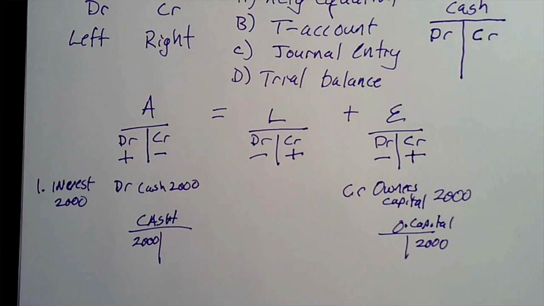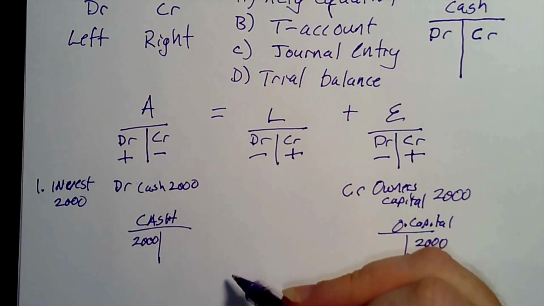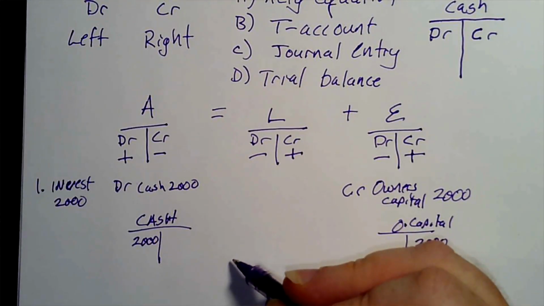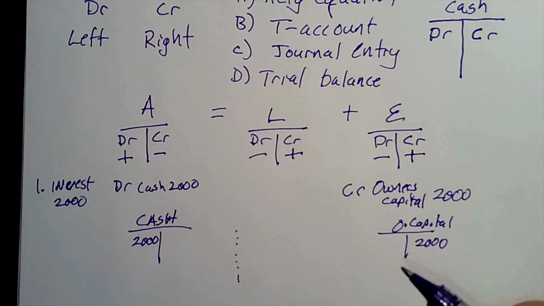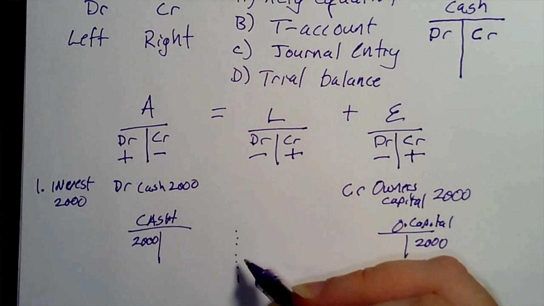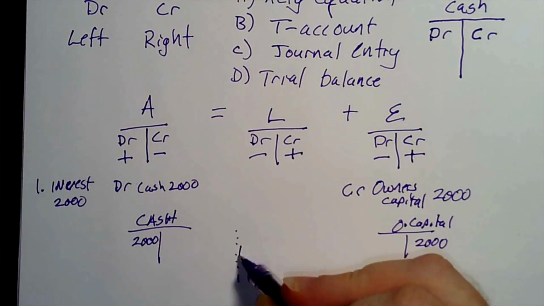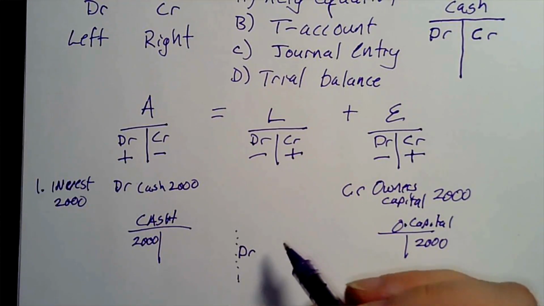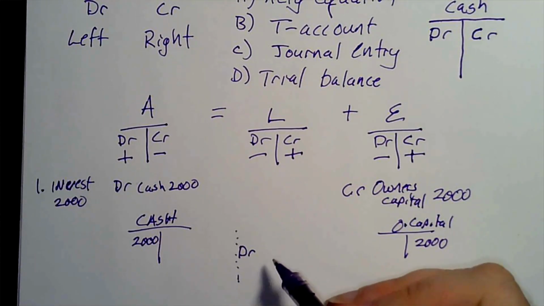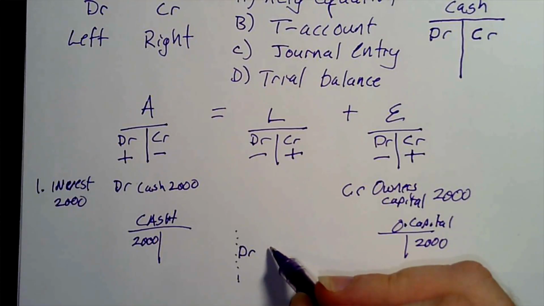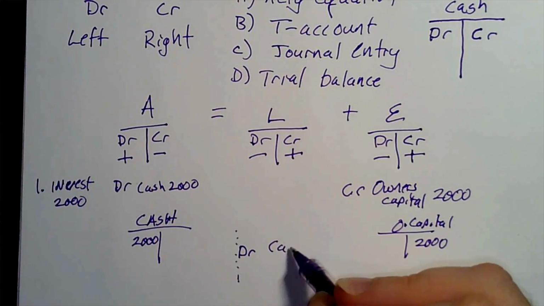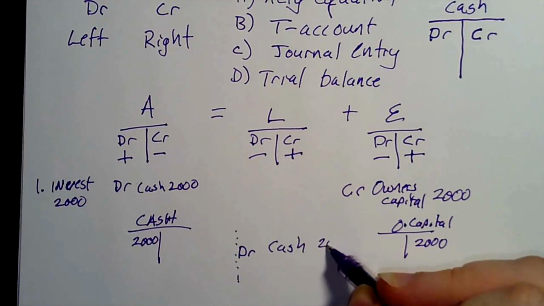Now, how do we do that? Let's say you have an imaginary line. Now, when we write a bookkeeping entry, what we do is we can use debits and credits. The debits go before the credits. And we write here, debit cash, 2,000.